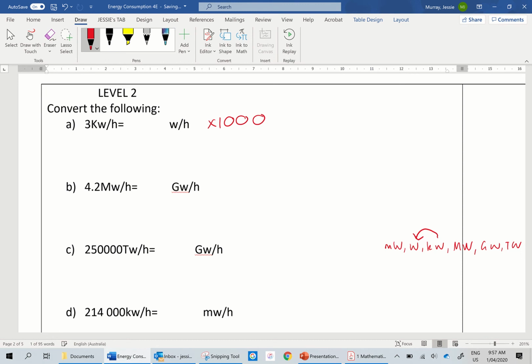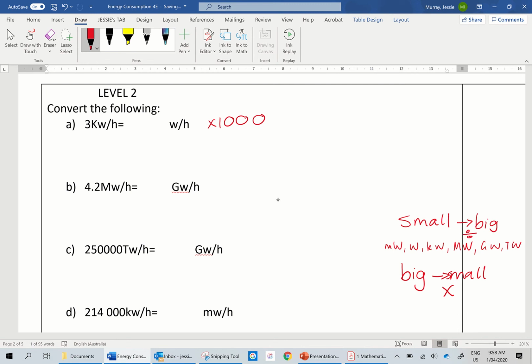All right. Now the idea is if you're going from a big back to a small, I'm going to multiply. But if I'm going from a small to a big, I divide. All right. So let's look at this next one.